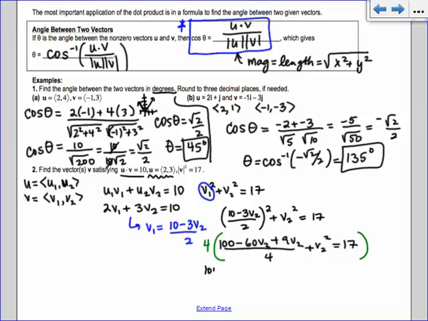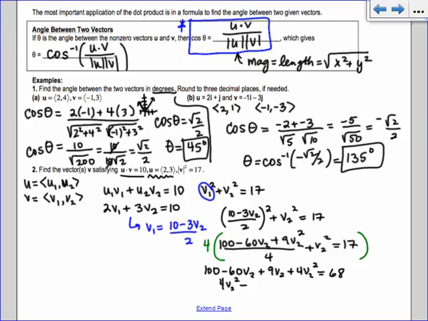So now I get 100 minus 60v sub 2 plus 9v sub 2 squared plus 4v sub 2 squared equals 17 times 4, which is 68. And I get everything on one side. Okay, so when I get everything on one side, I have 4v2 squared minus 60, sorry, did I forget a squared?